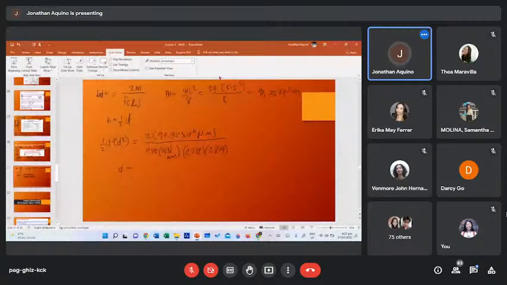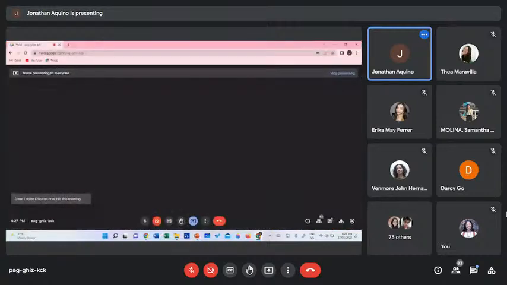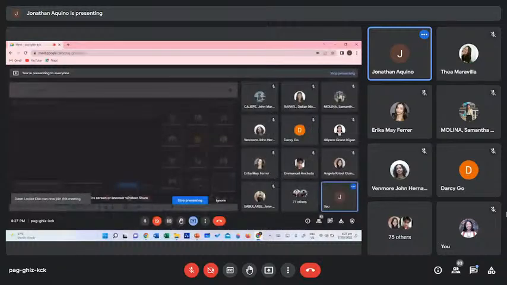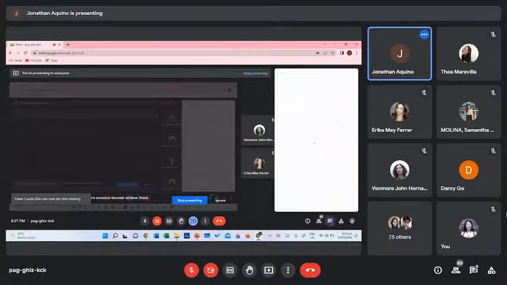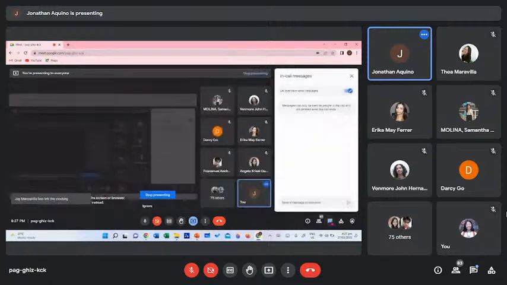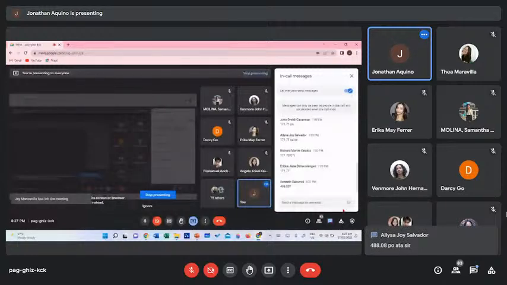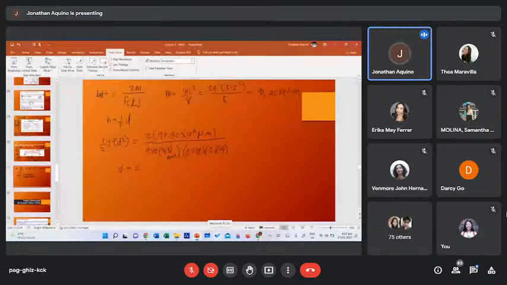Okay, anong value ng D? Or 488.08. Okay. So D is 488.08 millimeter.